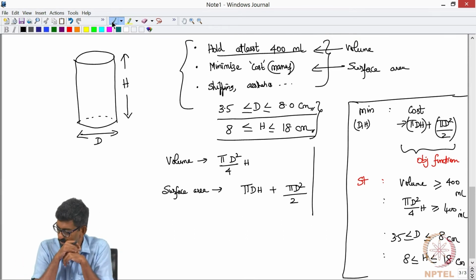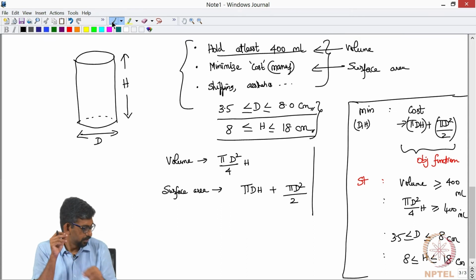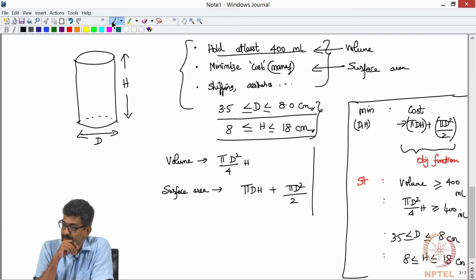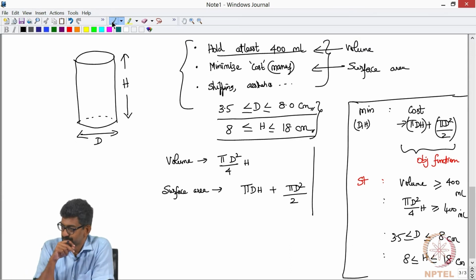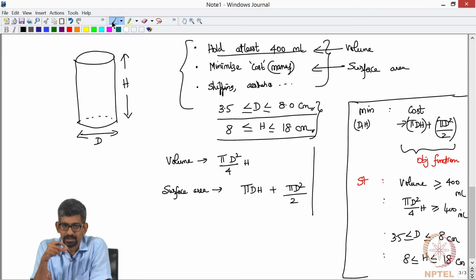Equality and inequality constraints are the most widely used terminologies. And this kind of equation, where you have quadratic or anything greater than linear, is called a nonlinear formulation. The equations are nonlinear.